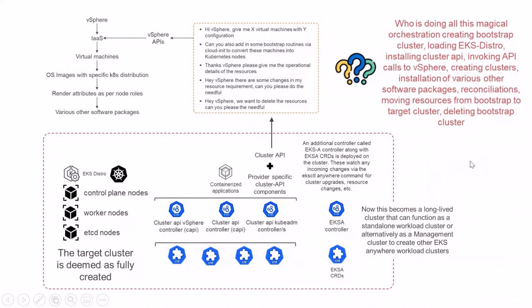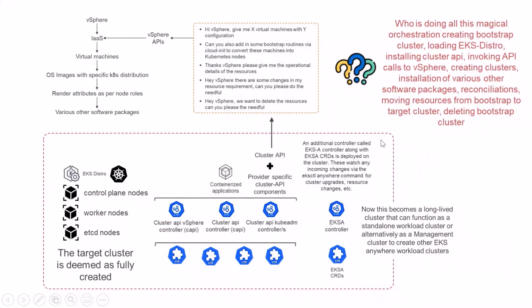We saw a lot of things that happened right till this point, of actually creating Bootstrap cluster on the EKS Anywhere admin machine, loading that EKS distro on that, installing cluster API components on the Bootstrap cluster, then creating this cluster, then installation of various software packages that actually make up the cluster itself, right? And also the Bootstrap cluster components. Then all kind of reconciliations, moving resources from Bootstrap to target, deleting Bootstrap, adding these controllers. Who's doing all this, and how?